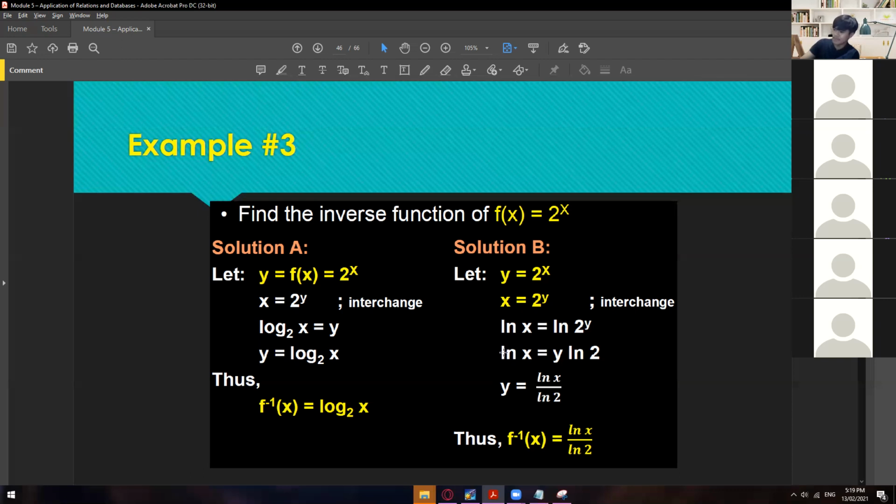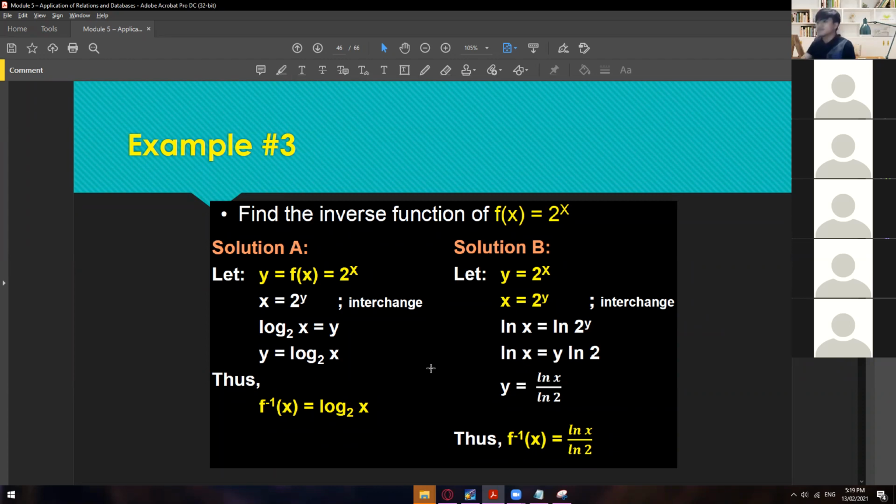So we'll just have ln of x. But from here, we can actually bring down the y. So y times ln of 2. Then from there, we can now simplify this expression. So y is equal to ln of x divided by ln of 2. Both of those are correct if ever they have a value of x, like for example, log base 2 of 1, and then ln of 1 divided by ln of 2, you'll get the same answer. So that is why both of those solutions are correct.